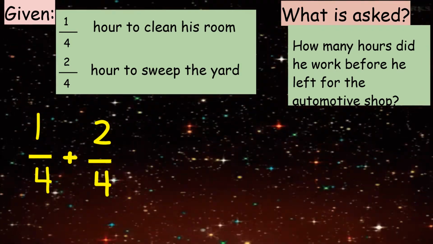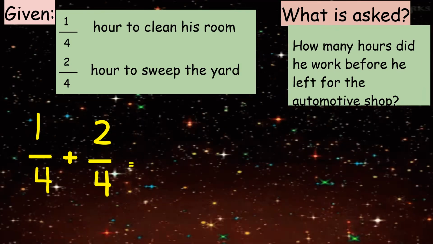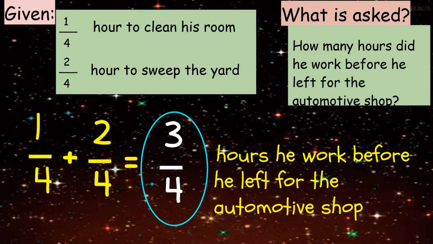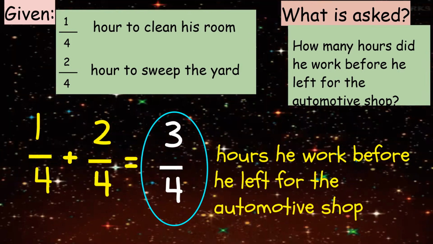So we'll just add the numbers. 1/4 plus 2/4 is equal to, because they are similar fractions, we'll be adding the numerators 1 and 2, which is 3, then copy the denominator. So, the answer is 3/4 hours he worked before he left for the automotive shop.